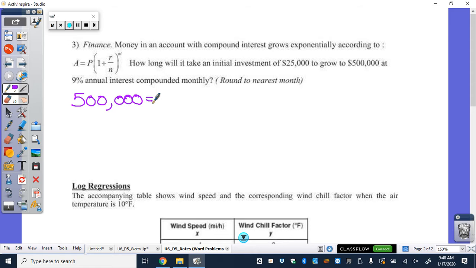We started with how much? 25,000. Then in our parentheses, we got our 1 plus. Our rate is 9%, so that's going to be 0.09. It's compounded monthly, so it's going to be over 12. And then to the 12t power. That's what we're actually trying to figure out.